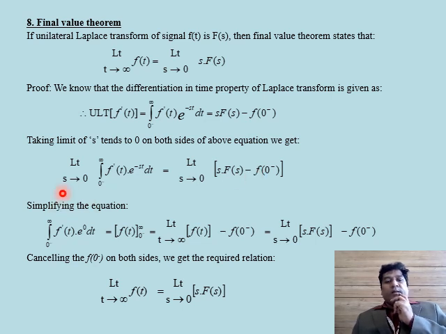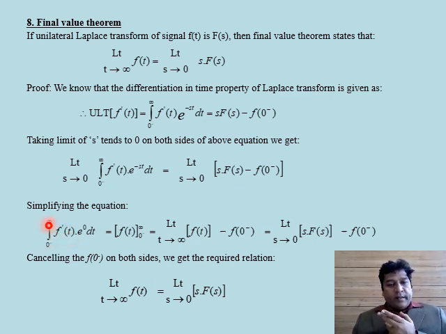So when we put the limit s tends to 0, here you will get e power 0 for this integral. So that will be simply reduced as the integral of f dash of t. Now what is the integral of the derivative? The integral and derivative will get cancelled.